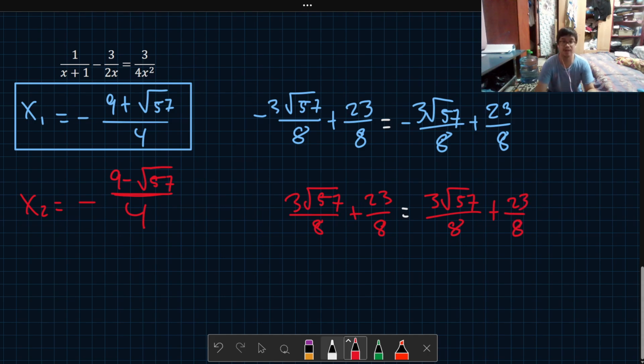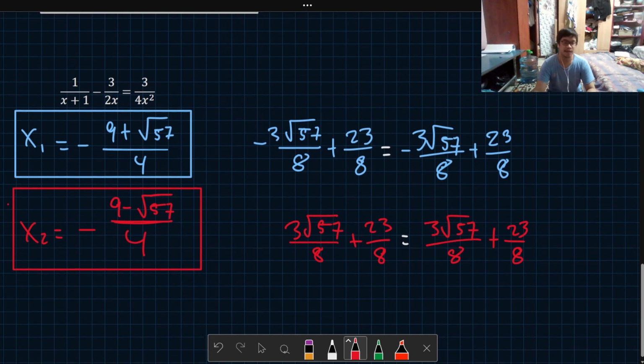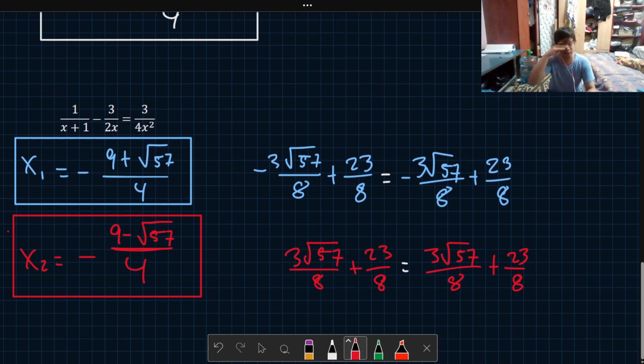You can use your calculator to check these. So they are, in fact, the solutions for the rational equation. How I wish I could teach you how to do it manually. However, for the sake of the discussion and the time limit of this video, I decided to use calculator.